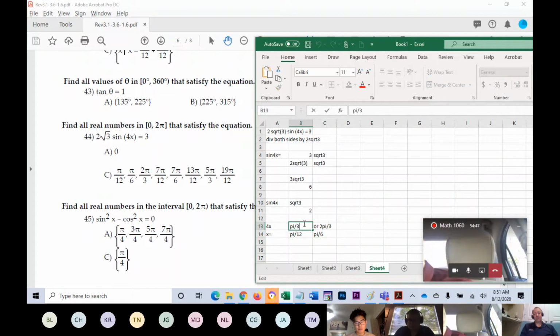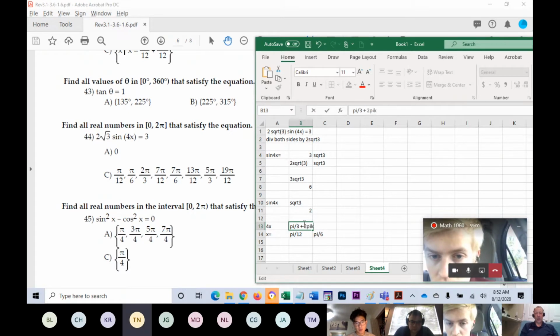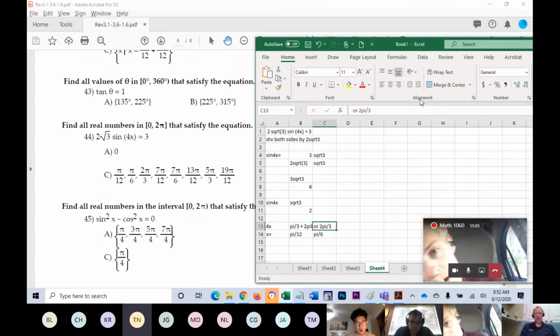Oh, you know what? Well, I guess there's one way we could do this. If I'd have done this the right way, I probably would have said plus 2 pi k. Plus 2 pi k. And then I would need plus 2 pi k on this one too.